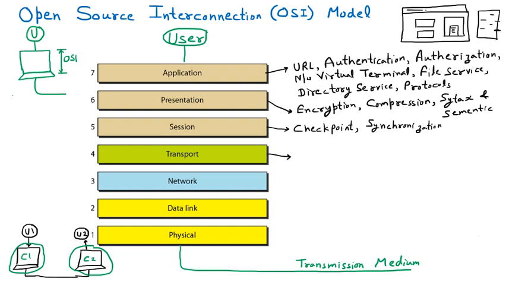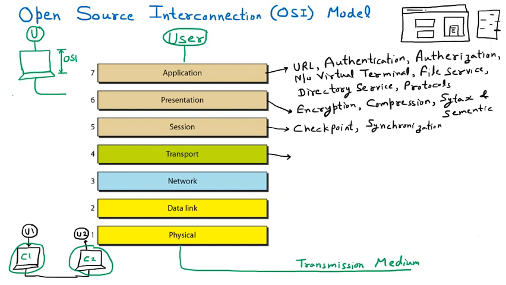Now, this is because these two systems, C1 and C2, are synchronized. Synchronized in terms of means all the errors are immediately checked and corrected. So if I talk about the main system, your system and my system, they are in sync. That is because of error correction and detection. So the transport layer is responsible for that.